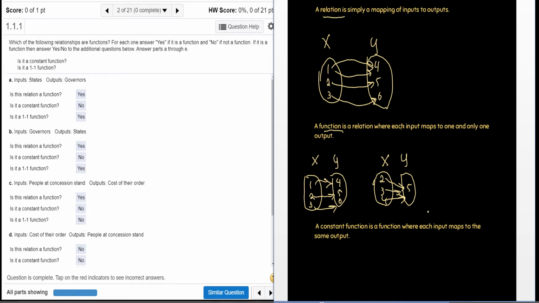Now, a constant function is a function where each input maps to the same output.